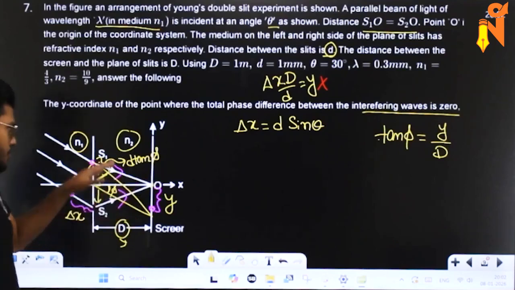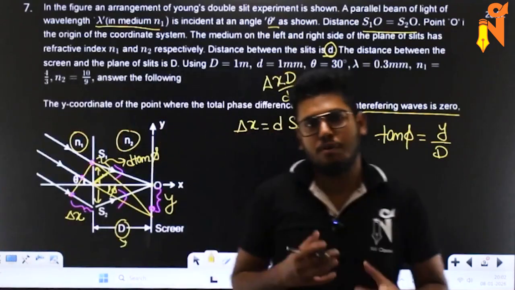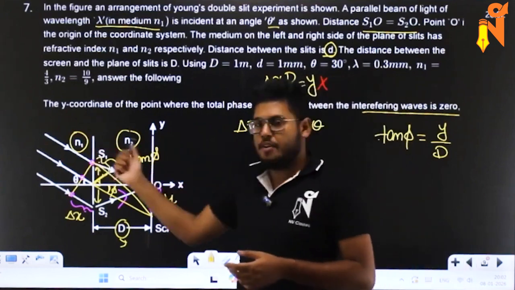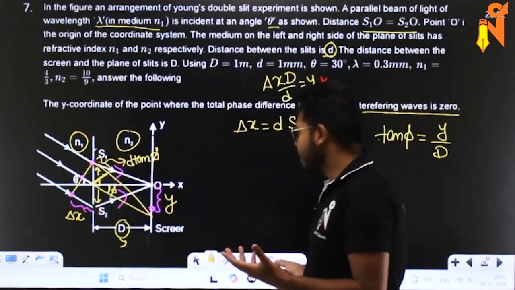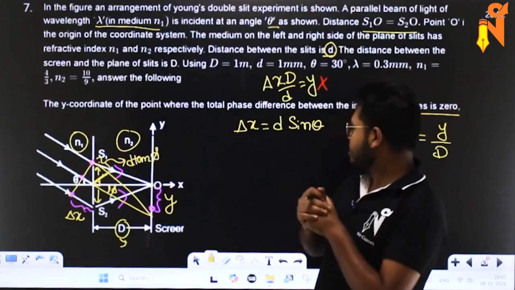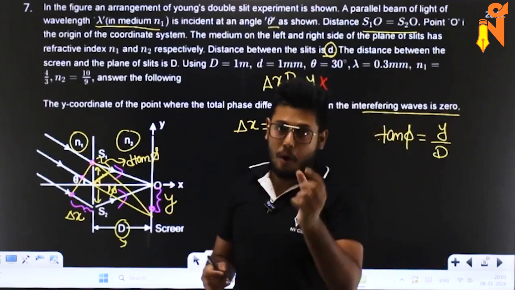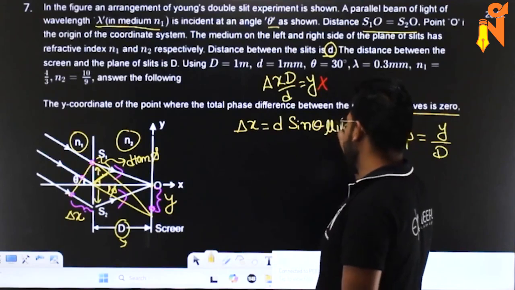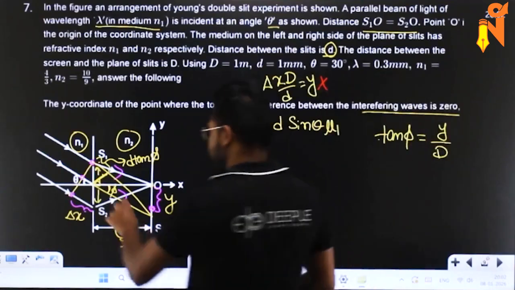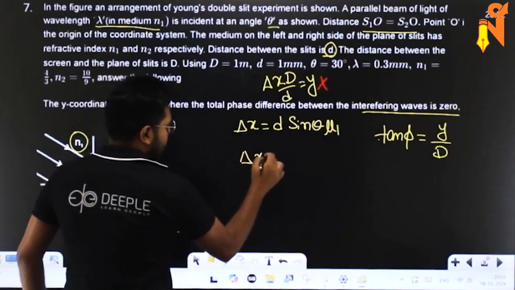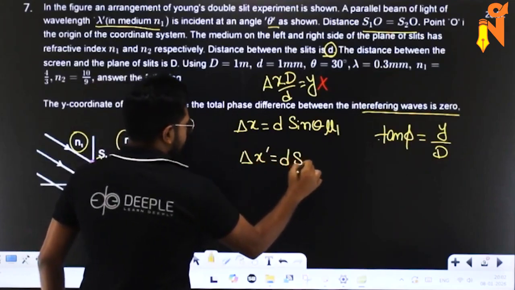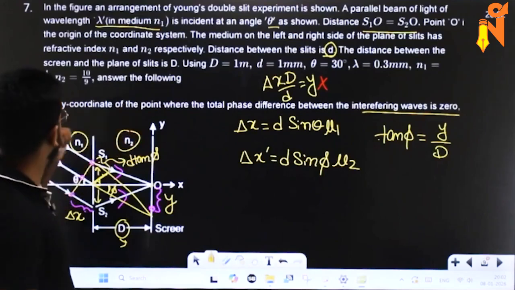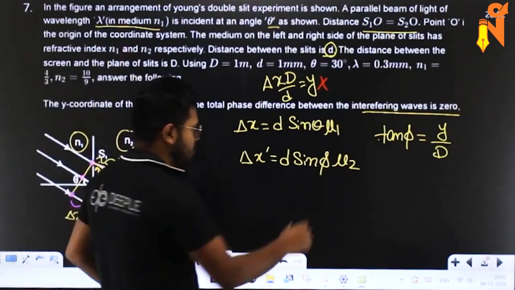But okay, when you are talking about the path difference, we should also employ the medium here. You see, here the media are different, n1 and n2. It is not air, right? So when you are writing the expression of path difference, you should also employ the optical path length. So delta x equals d sine theta times n1, and here the delta x dash will be d sine phi times n2.